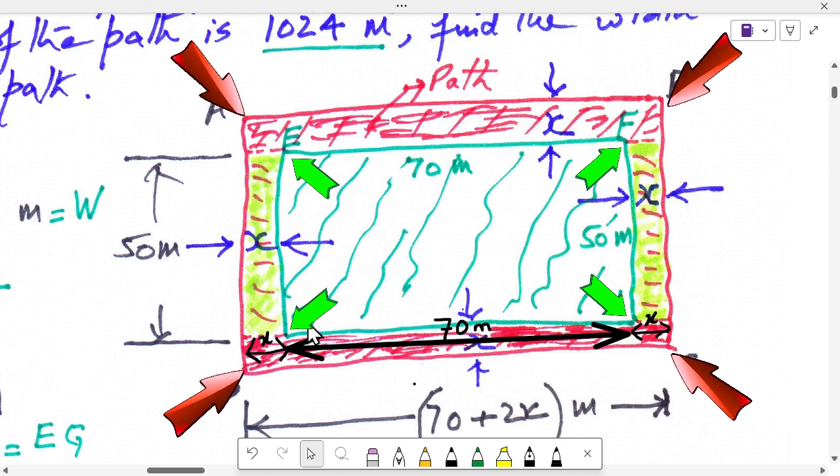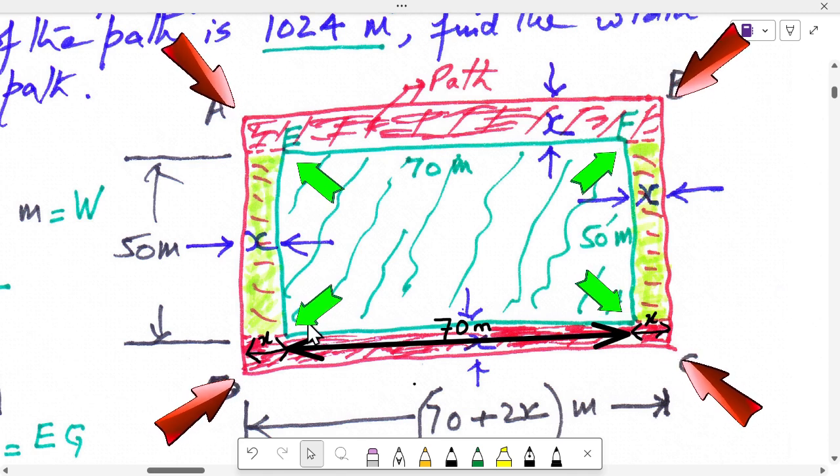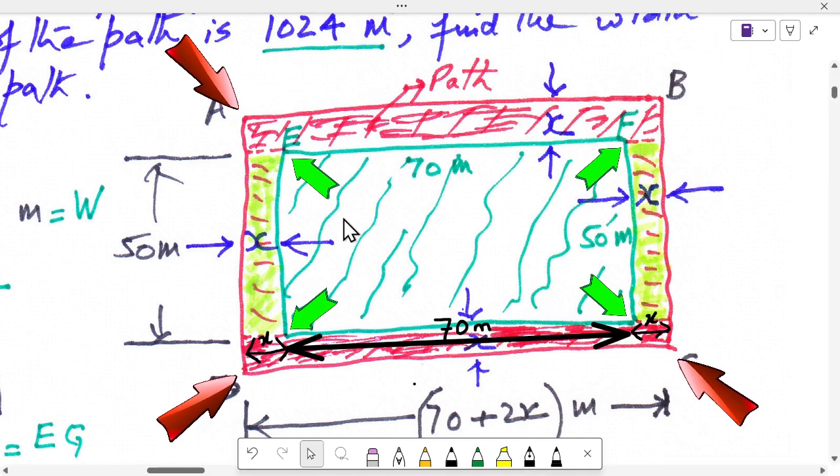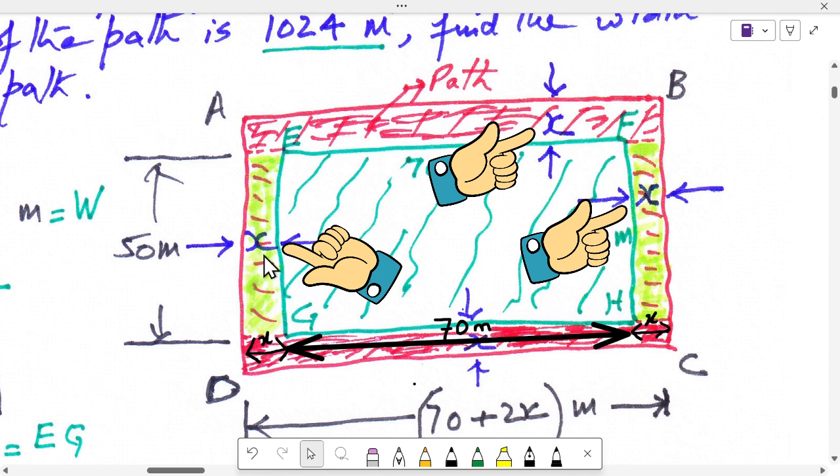Now the supposition which we have made is that the width of the path is x meters.